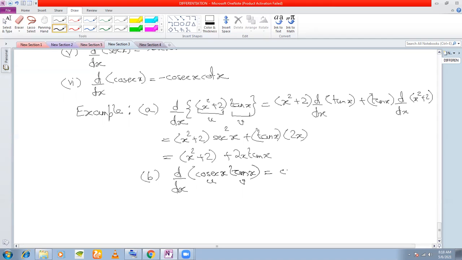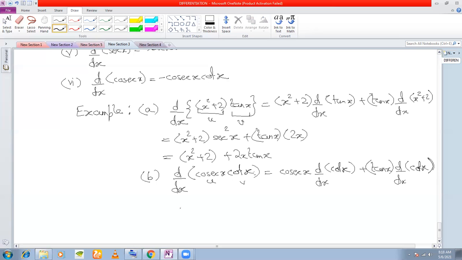Take the first function as it is, differentiate the second, then take the second as it is and differentiate the first. Let's take cot x instead, that will be better, because cosec cot will ultimately give you a sine. Same thing we do with cot x.